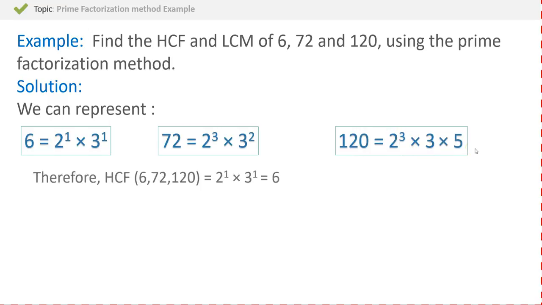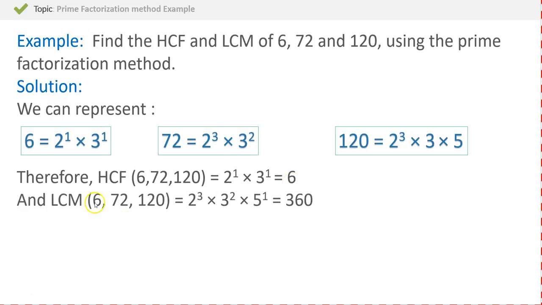Now the HCF between these three numbers is made of the common numbers across all three, and the only common numbers are 2 and 3. The least power of 2 in all three numbers is 1, and the least power of 3 is also 1, and hence the HCF will be 2 multiplied by 3 equal to 6.